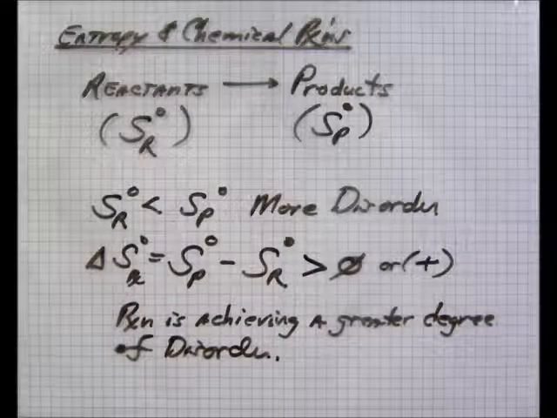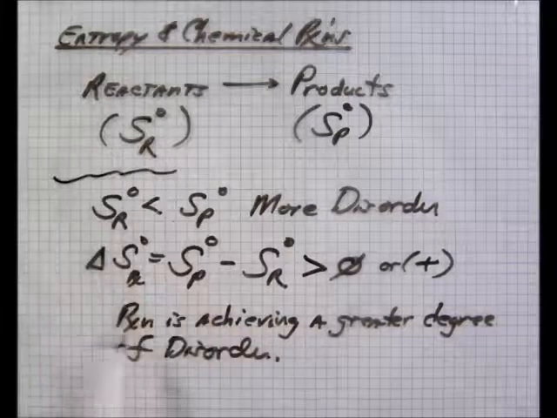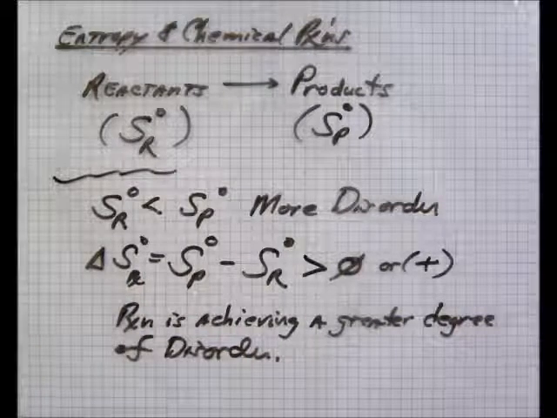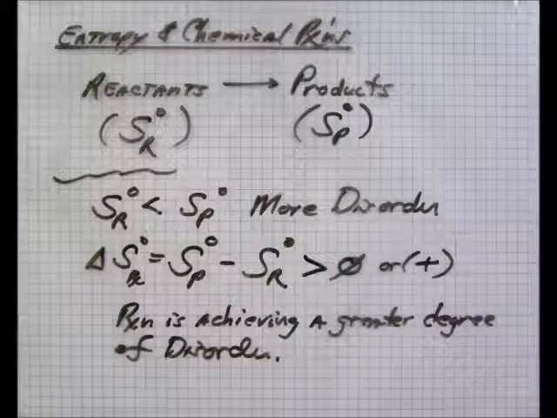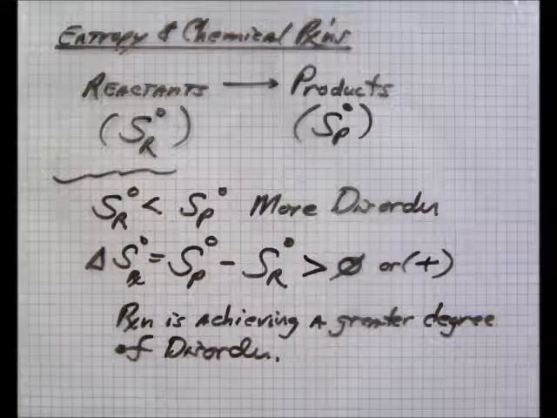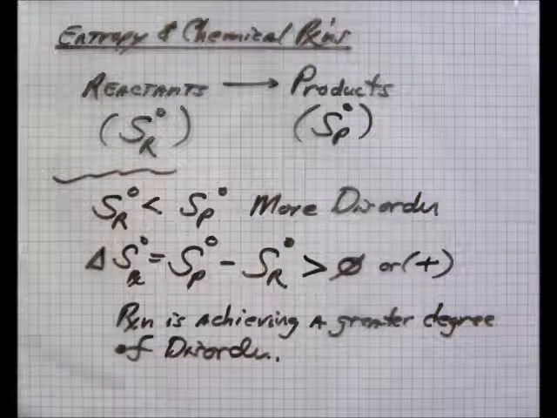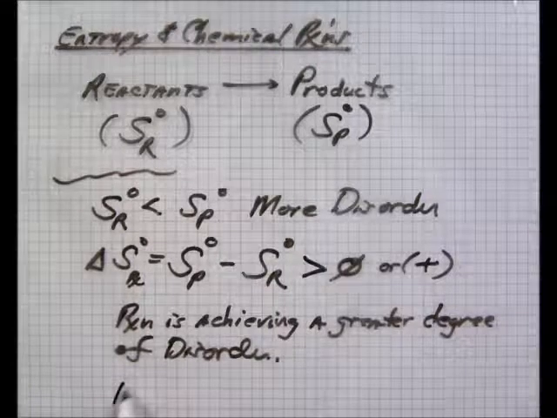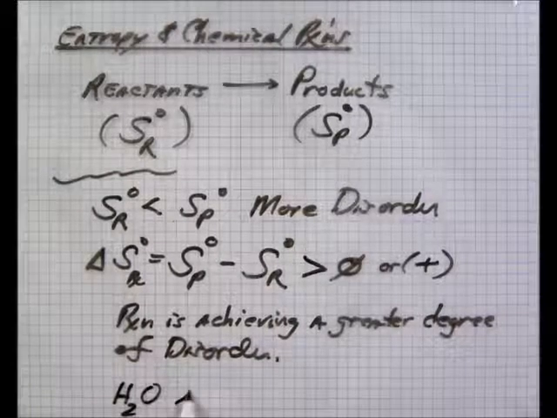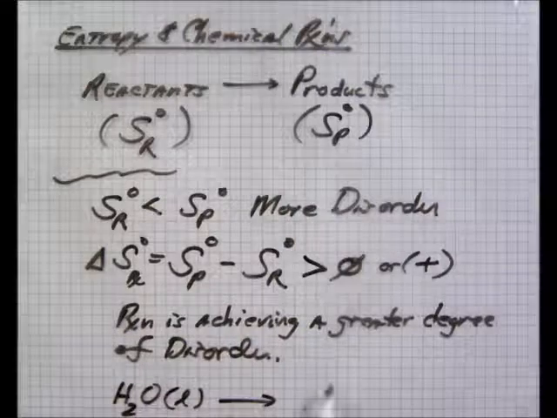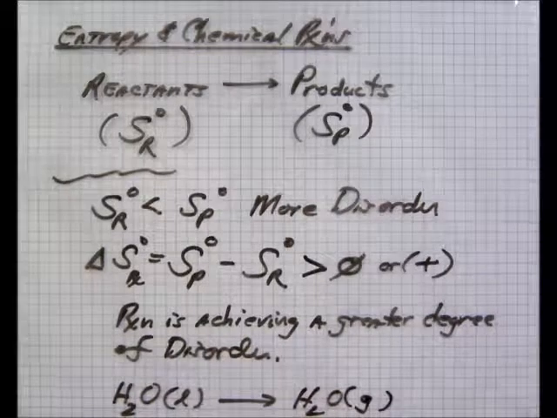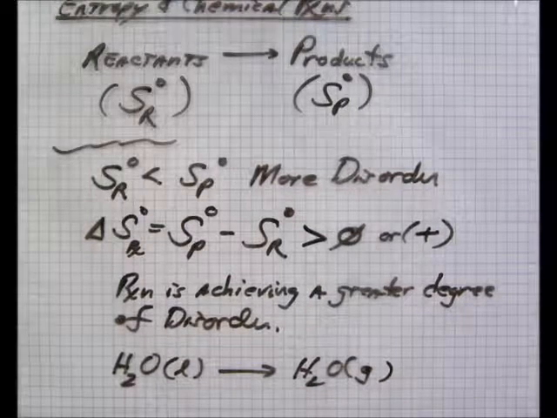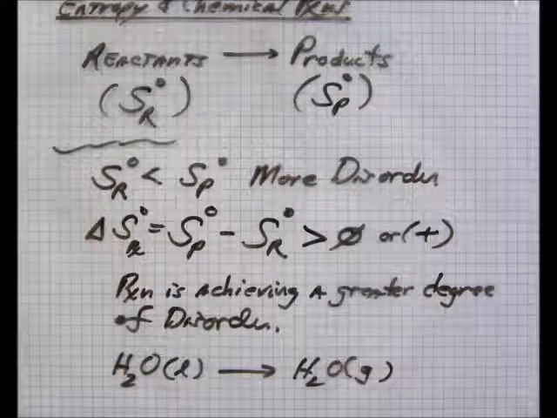Okay, and so that's the case where a reaction would go to a more disordered condition. An easy example, in my humble opinion, is the evaporation of water. If you have a liquid going to H2O as a gas, I think everyone would agree that the gas particles are more disordered.